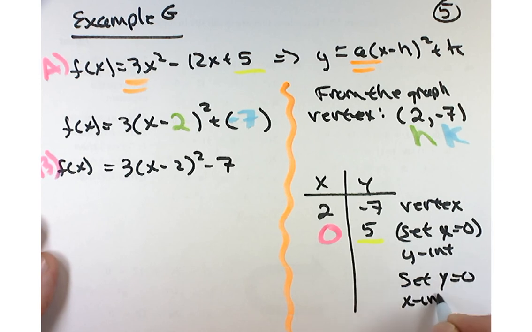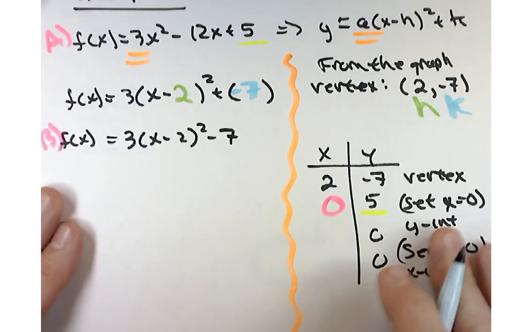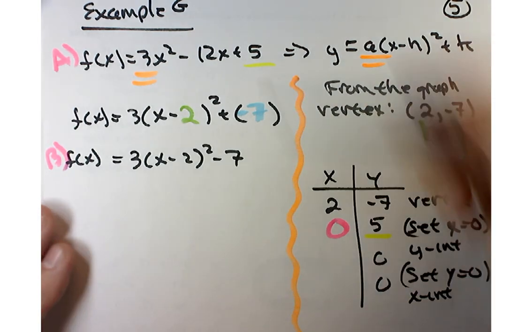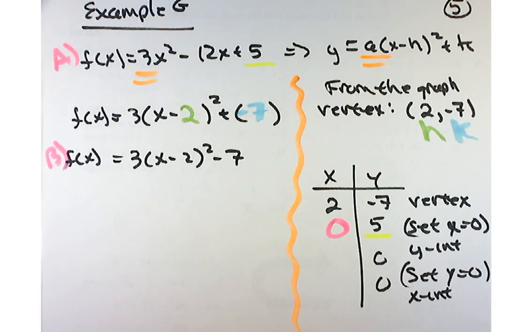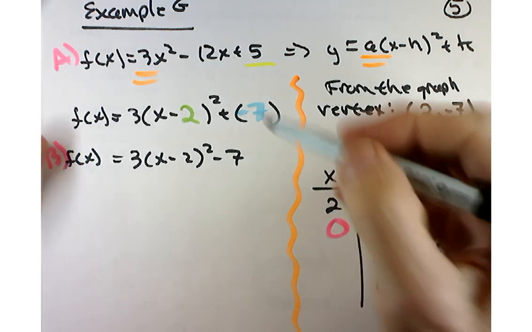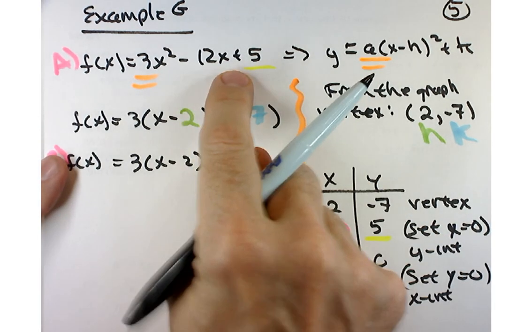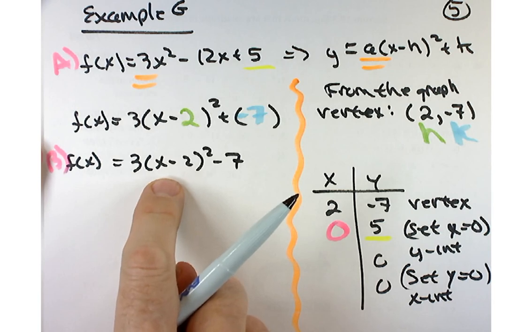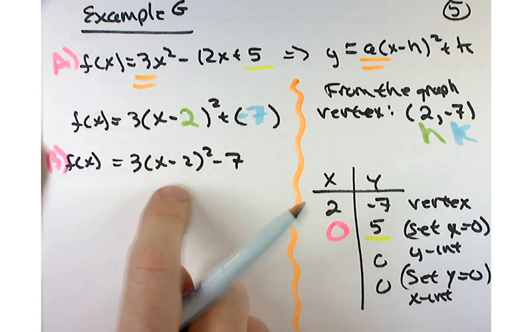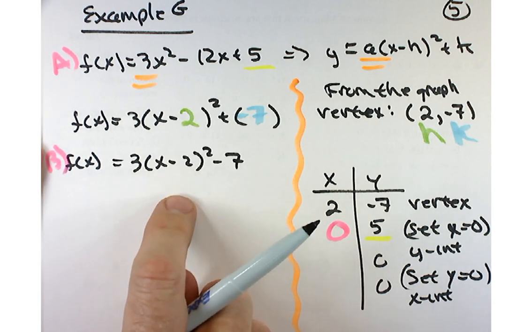And that's going to give us our x-intercepts. And again, you've got 2 different forms of the equation that you can do this for. You can do it with the standard form, that'd be this, or you could do it with the vertex form, which would be this.